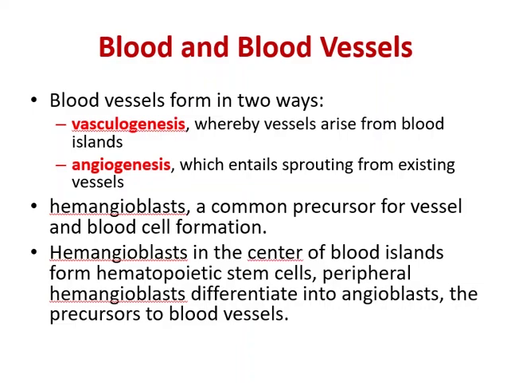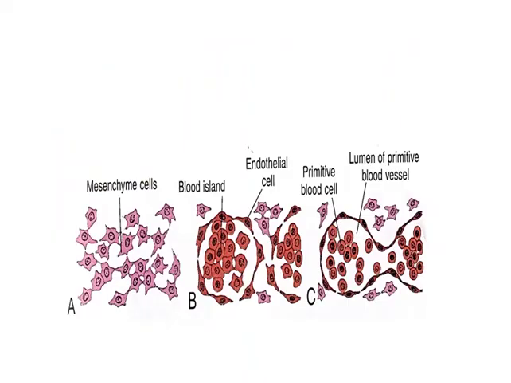And this figure shows the formation of blood and blood vessels. From mesenchymal cells, we have blood islands here. Surrounding the center, the hemangioblasts differentiate to form the blood vessels, while in the center, we have the primitive blood cells, which give rise to a large number and types of blood cells.